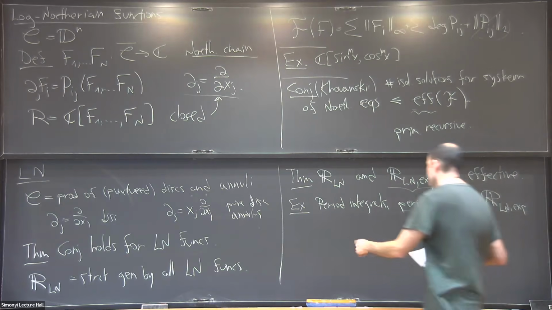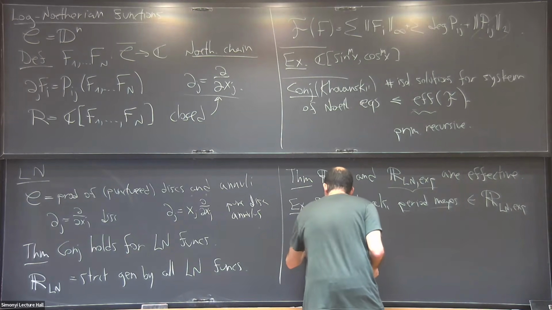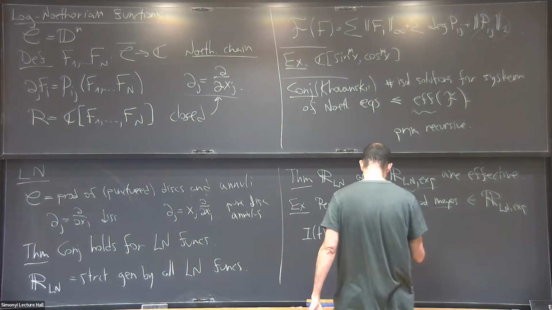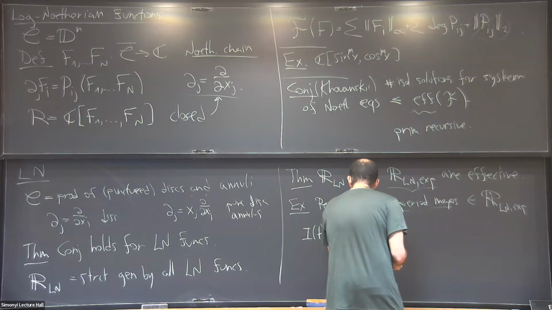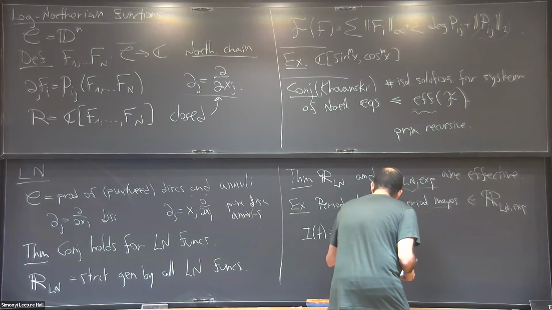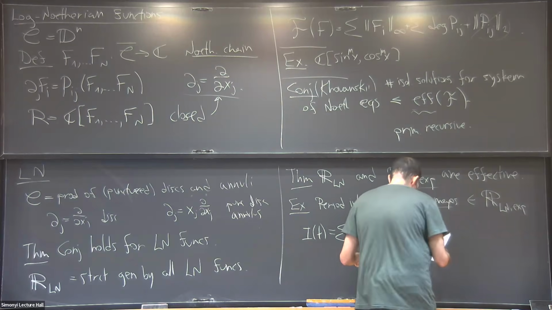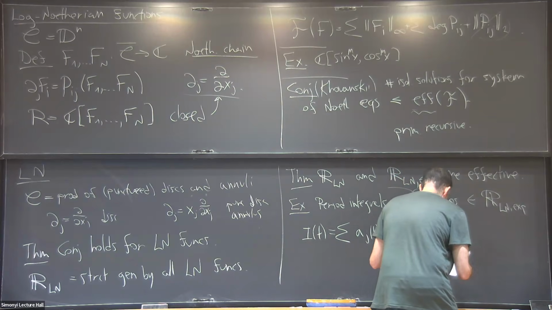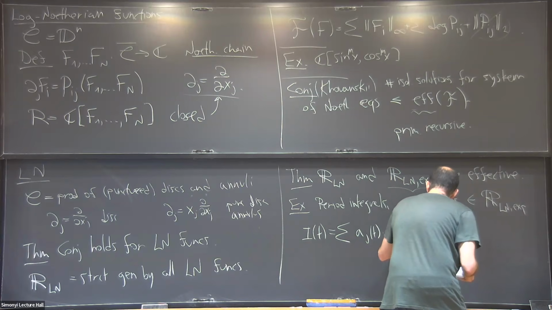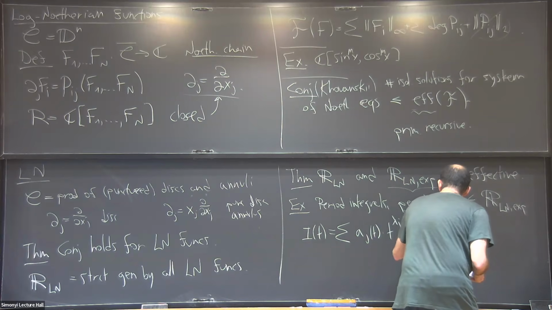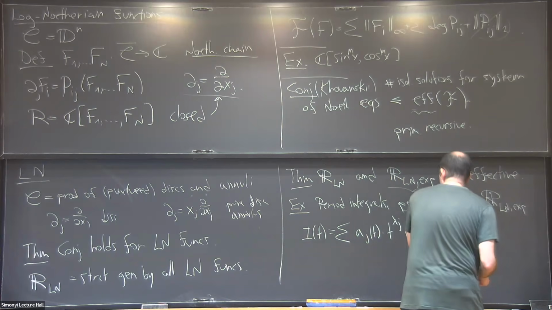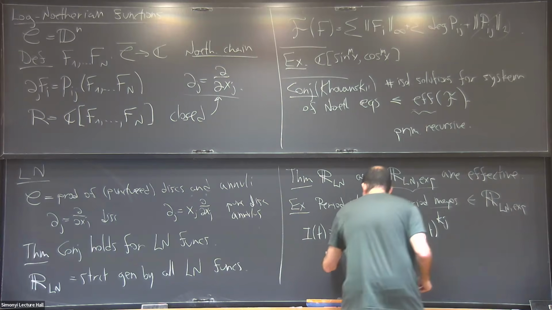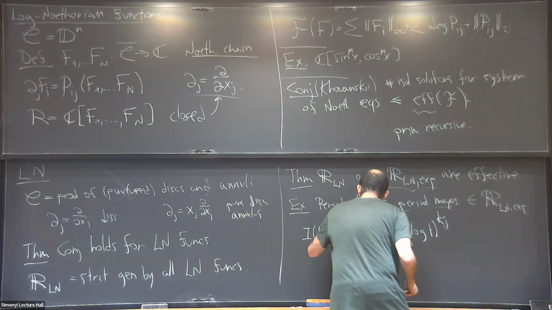So if you write a period integral or any section Gauss-Manin type connection, you can write it like a sum of some a_j of t times the lambda_j times logs of t to the k_j. Right, so this is a finite sum, so j goes from 1 to d.